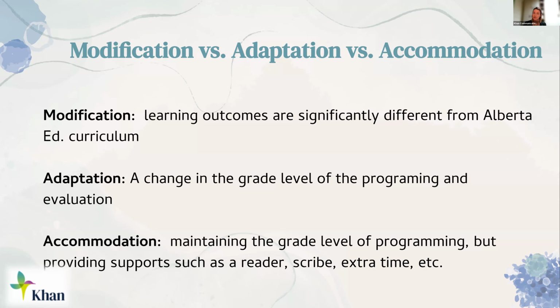It seems like it's all clear until we meet students. And then we think, is that a modification or an adaptation? And with an adaptation, we would still often see accommodations in place, because many students with intellectual developmental disorder require accommodation.